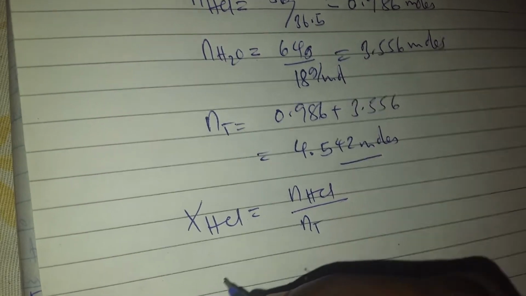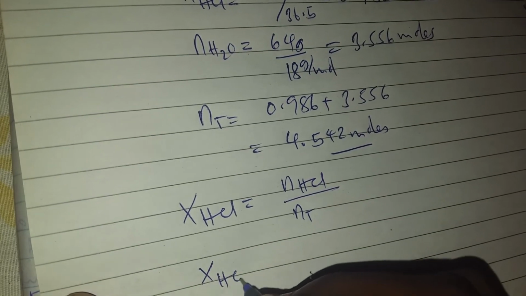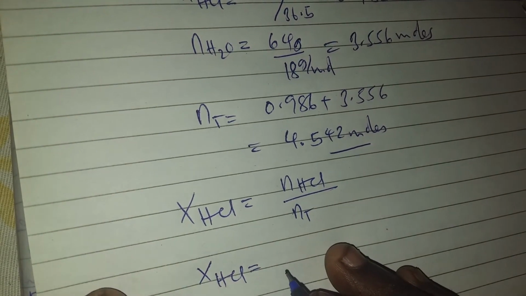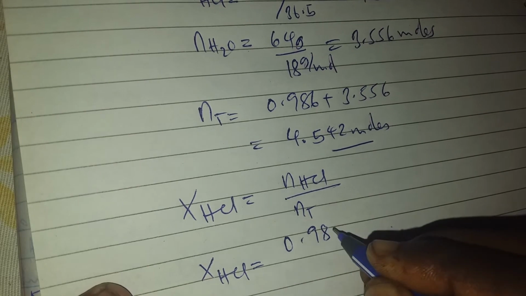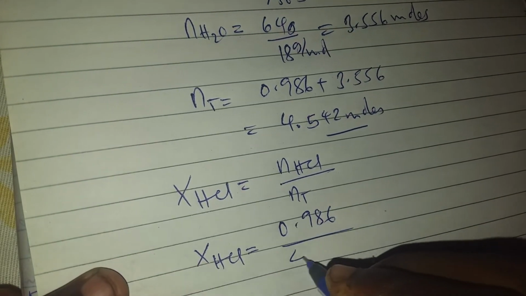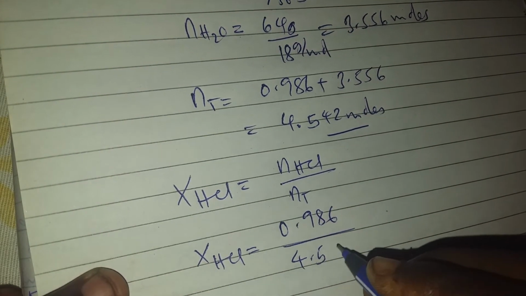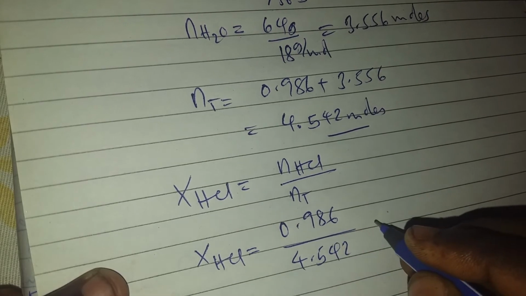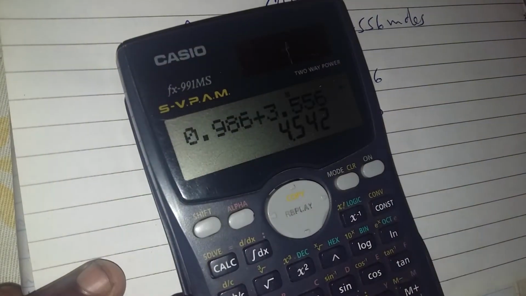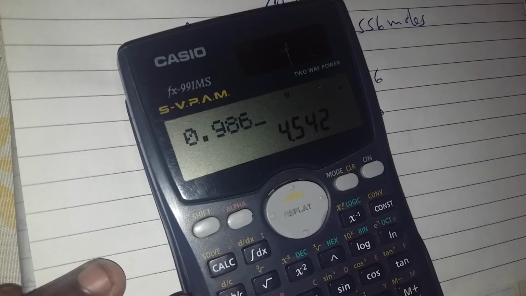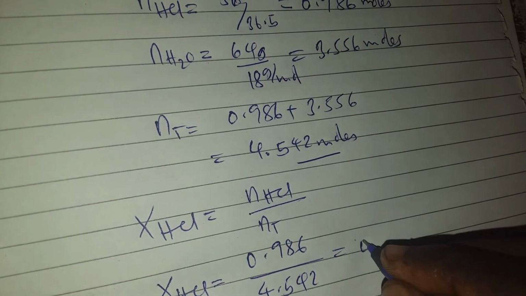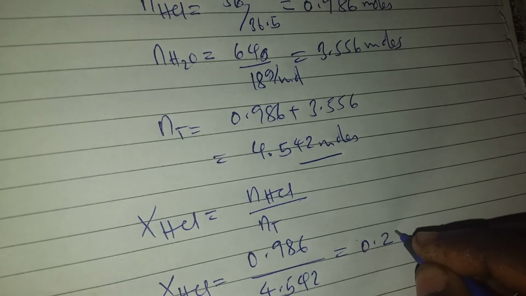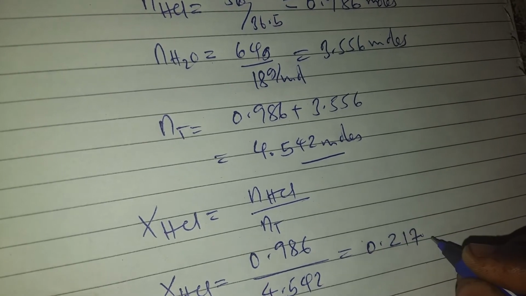So from there, mole fraction of HCl will be equal to number of moles of HCl divided by total number of moles. Number of moles of HCl ni ngapi? 0.986 divided by 4.542. That will be equal to 0.217.